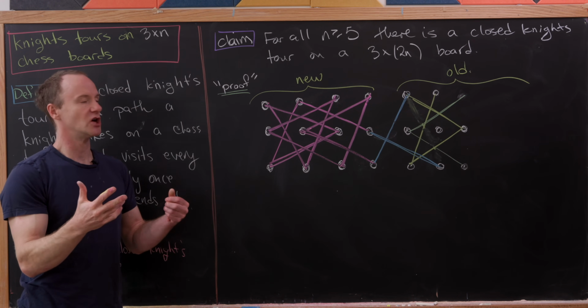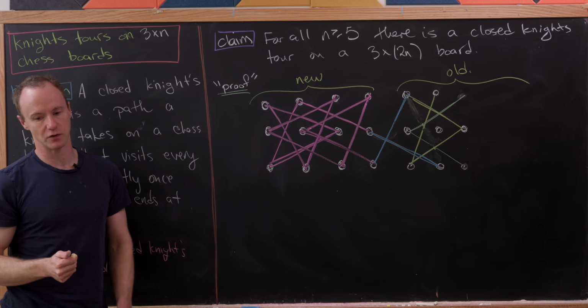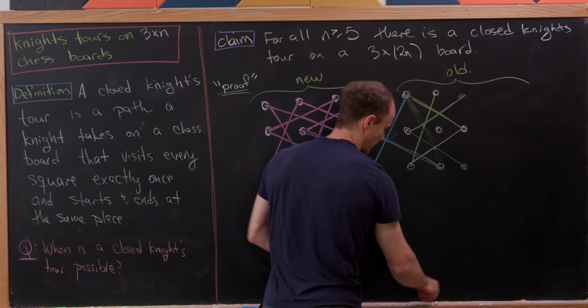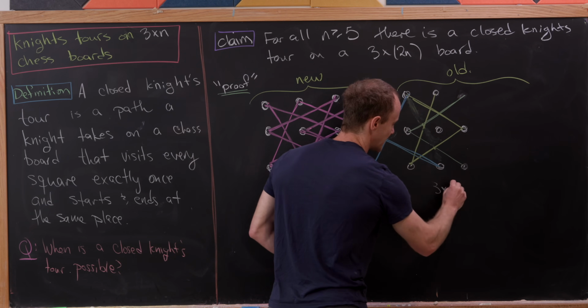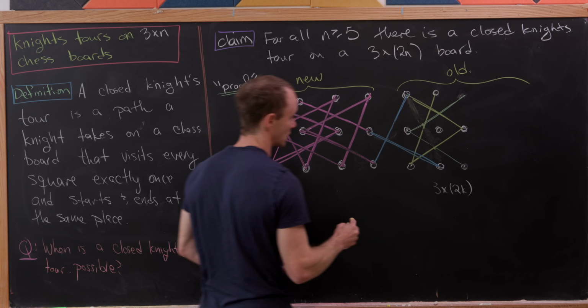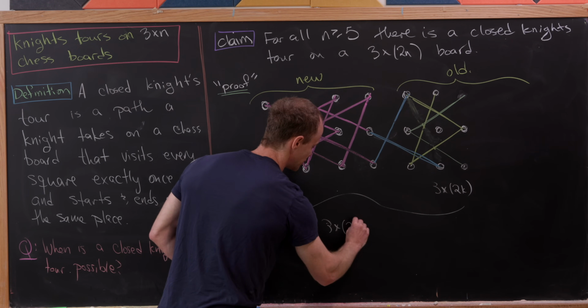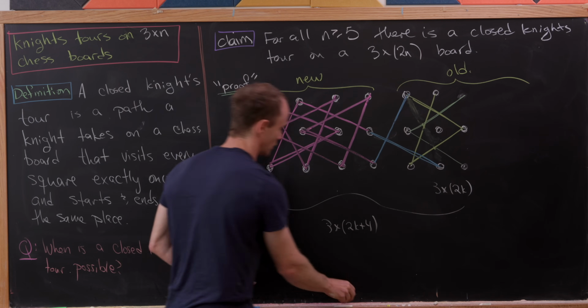And then we've glued these two things together, if you will. Meaning that if we started over here with a 3x2k tour, then over here in the whole thing, we have a 3x(2k+4) tour.